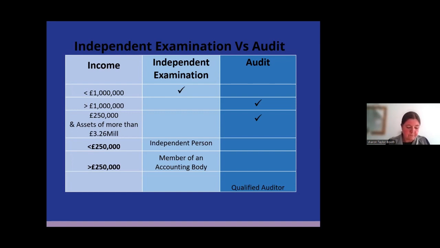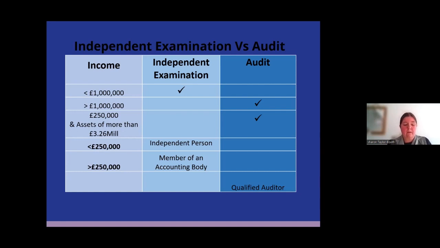Now, I cannot examine a set of accounts for anybody in my diocese. The reason I can't is because they come to me for me to then review post-examination. So therefore, I'm not wholly independent, but I could potentially examine accounts in another diocese for another parish.